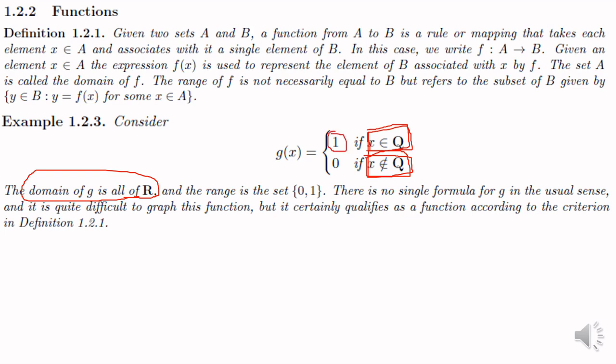If x is an irrational number, then the image is 0. So no other number will be an image of any x in R. So the range of g is just the set {0, 1}. Now we shall see another example.